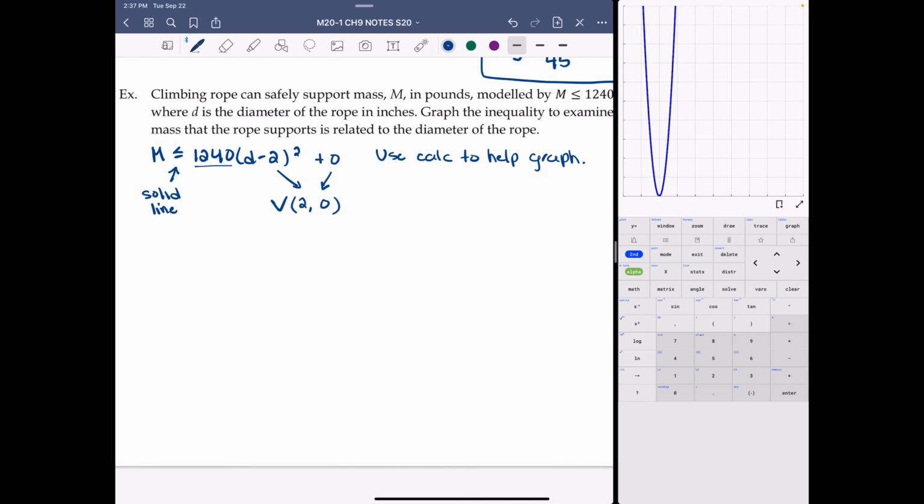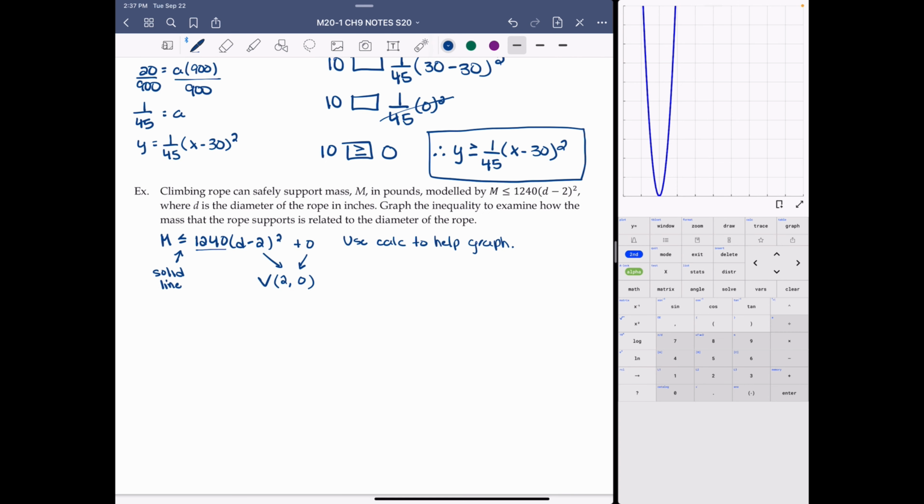I can do a little sketch of this. It doesn't have to be perfect, just a sketch. So down here we would have diameter, and that's in inches. And most of our information here is 1, 2, 3. Our vertex is at 2, 0.